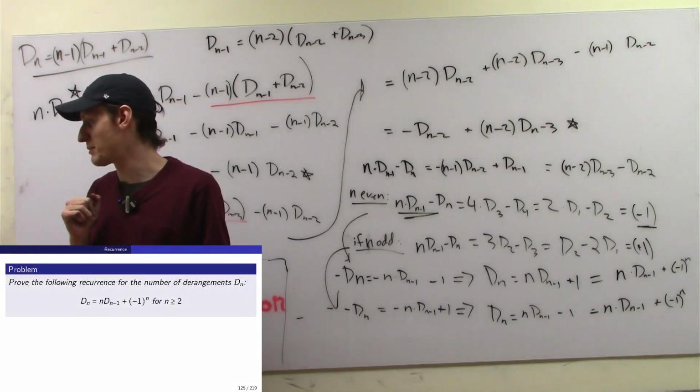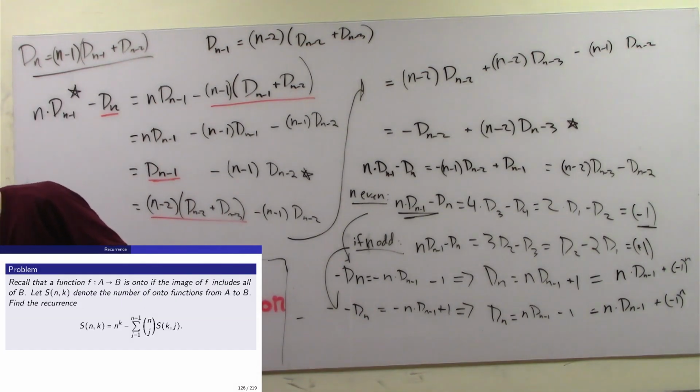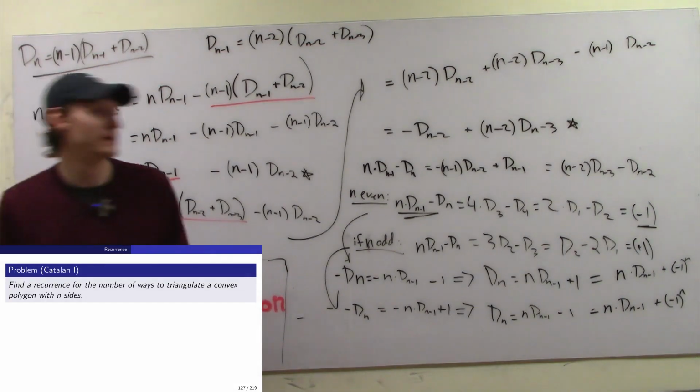We're getting into what I'm going to finish off with, which should be fun. It's not this one, I'm going to skip it. I'm going to do some Catalan numbers, do some more fun recurrences.